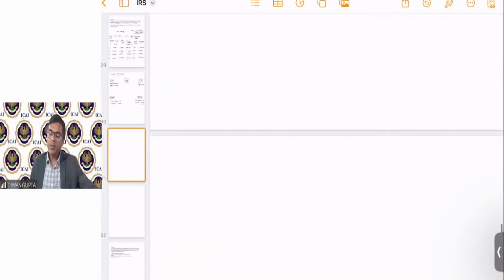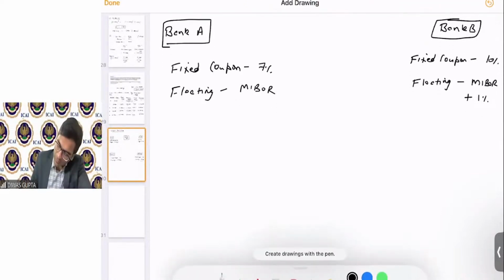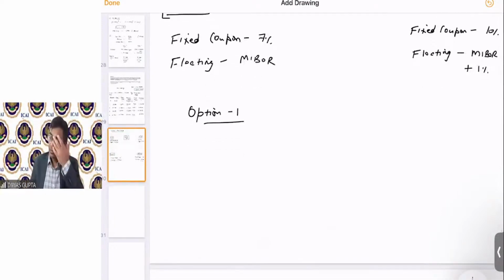Swap Bank will make two combinations. What it will say: option one seems to be the option wherein Company A borrows in fixed and Company B borrows in floating.